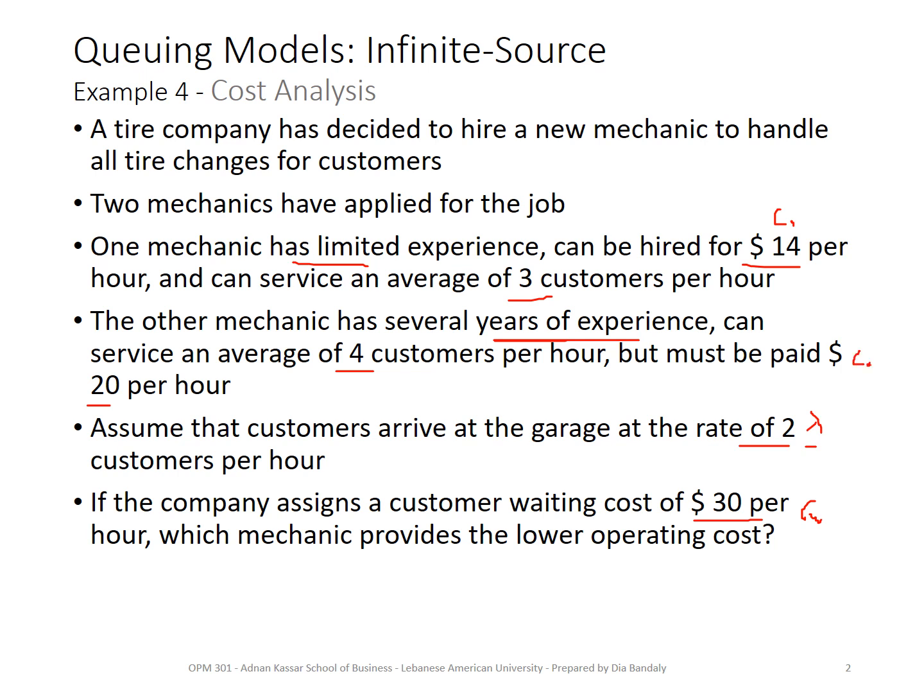And mu also changes. While here mu is equal to 3, and in this one mu is equal to 4. I'm going to write them in a neater way in the second slide, don't worry. I'm going to summarize all these parameters in the next slide, and then we start the solution.